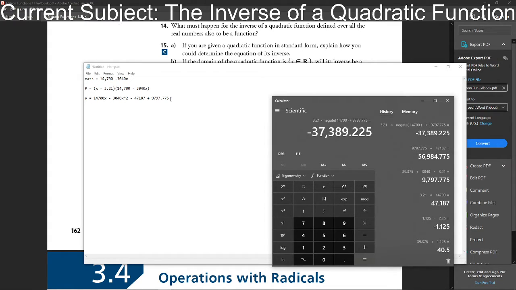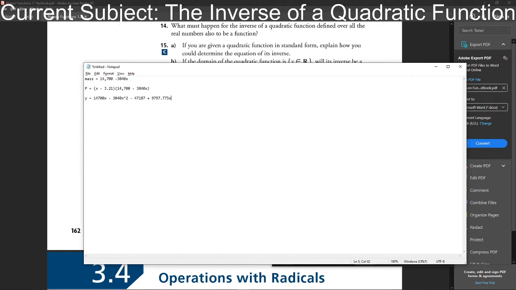Oh wait, I'm doing this wrong. Yeah, I just noticed that. This one was supposed to be an X, and we're actually adding these two up together.